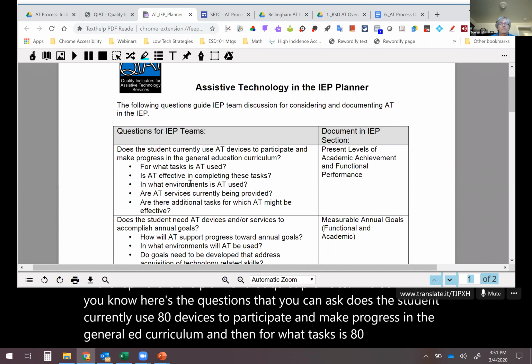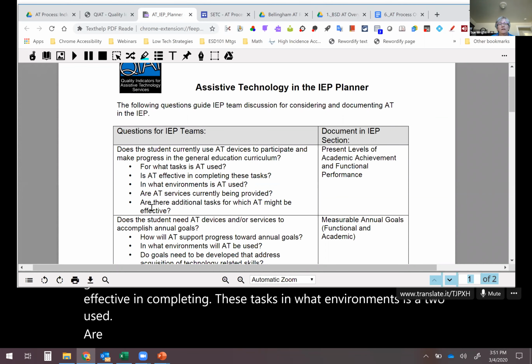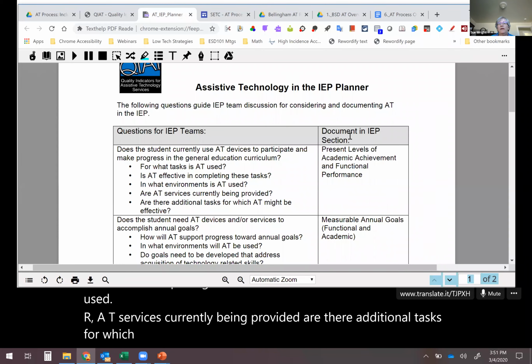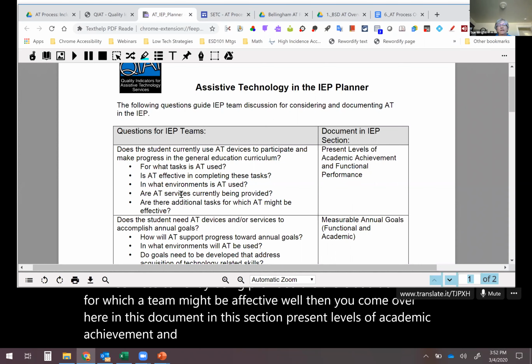Is AT effective in completing these tasks? In what environments is AT used? Are AT services currently being provided? Are there additional tasks for which AT might be effective? Then you come over here and it says document in this section, present levels of academic achievement and functional performance. So you ask the question and then it gives you ideas for where to document it.